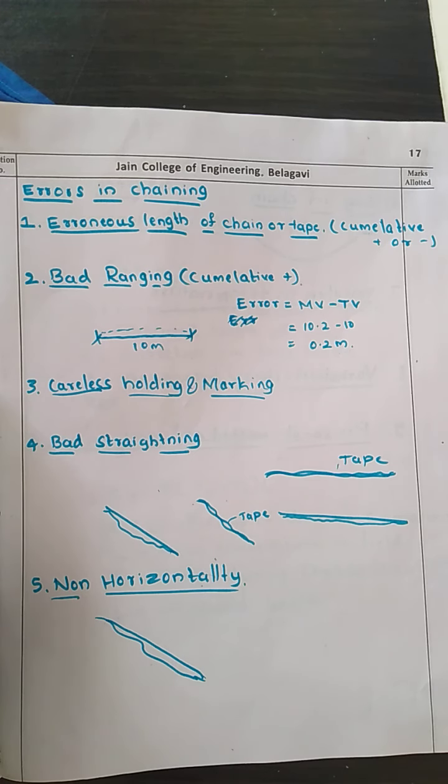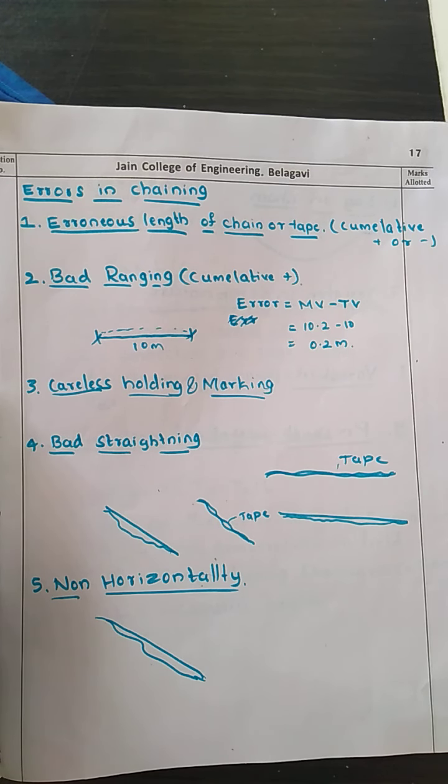If we have made any kind of error, how can we correct for it, depending upon the different types of correction: correction for temperature, correction for absolute length, correction for pull or tension, correction for sag, and so on. We are going to discuss all this in today's class.